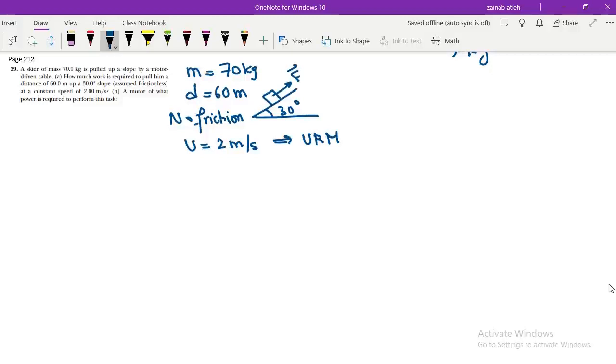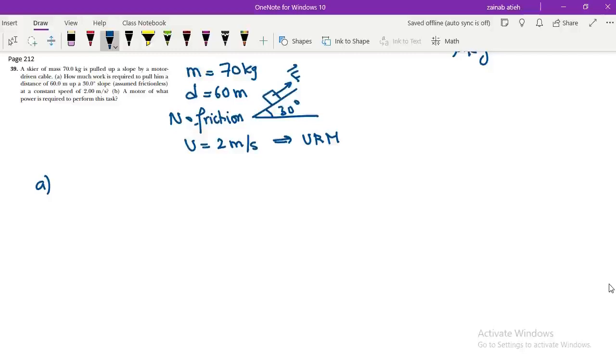We don't know the force, but we can find the force, and then try to apply the integral of F dot dr, or force times displacement. This is one way of finding the work of the force, but there's another method which is a little bit easier, because our lesson is about energy, so we will use energy. I will try to use the formula that we love to apply, the formula of the mechanical energy.